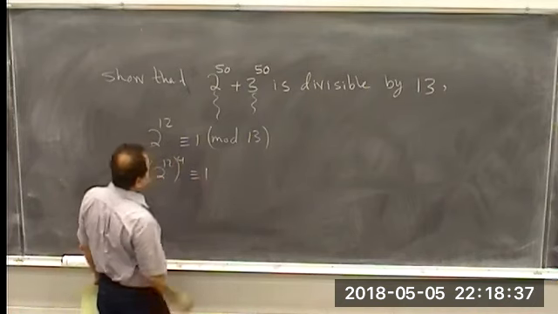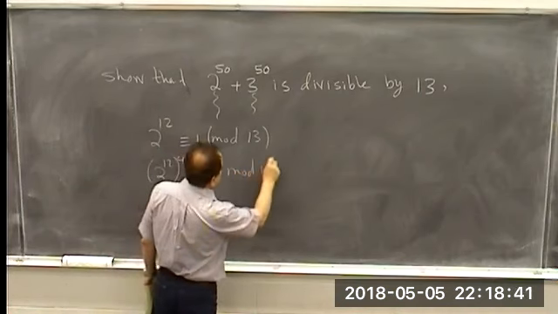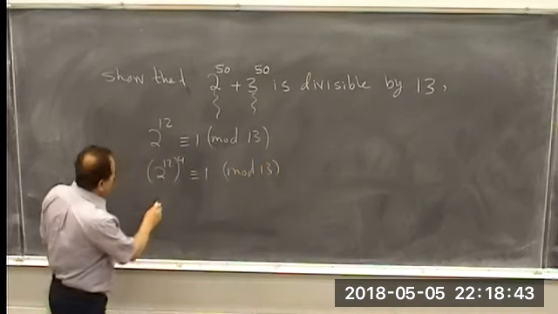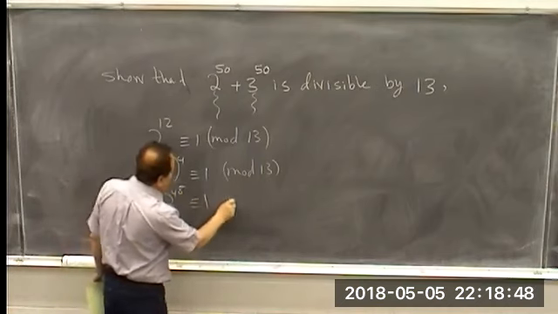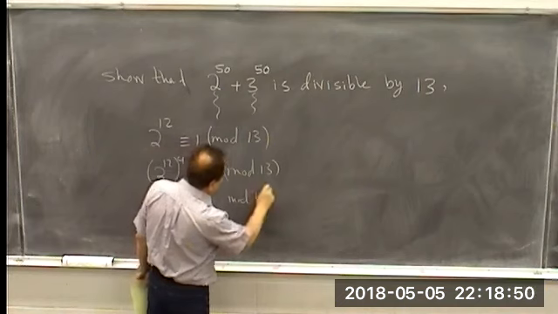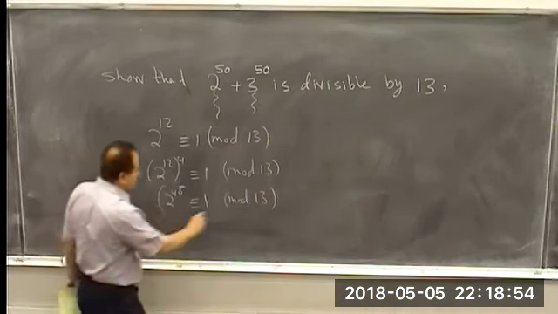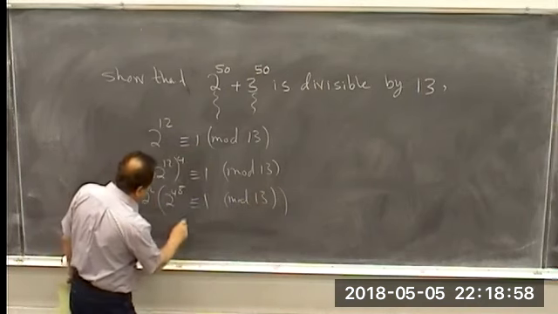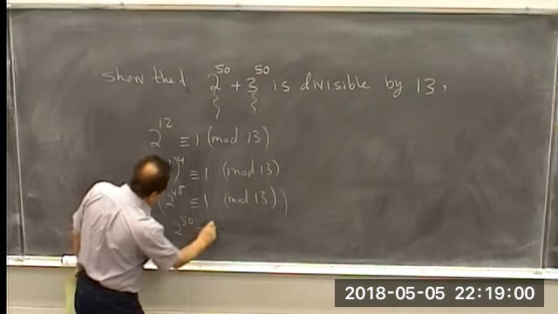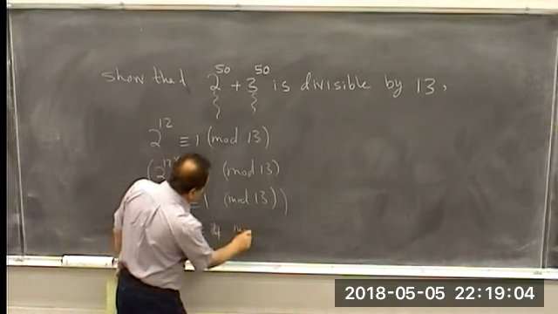This is 1 to the 4th, which is 1 mod 13. So 2 to the 48 is congruent to 1 mod 13. Then I multiply by 2 squared, and we get 2 to the 50 is congruent to 4 mod 13.